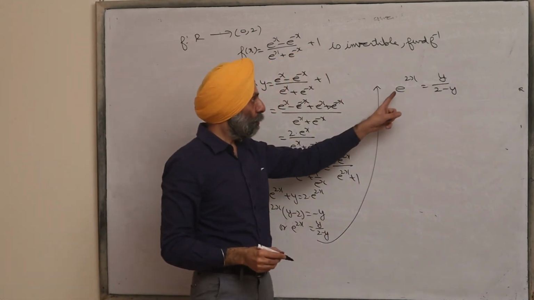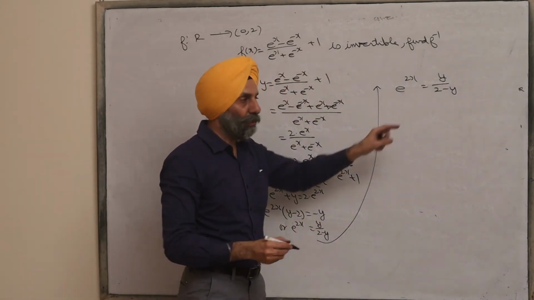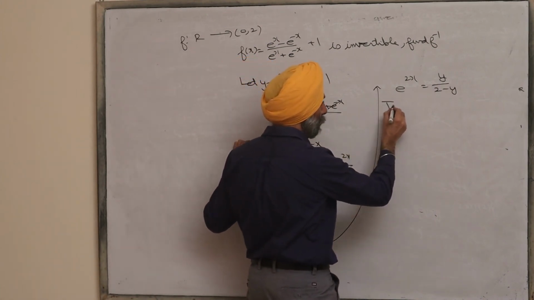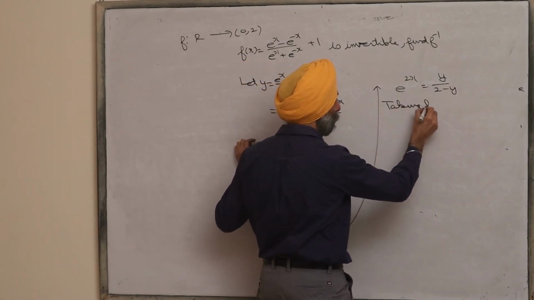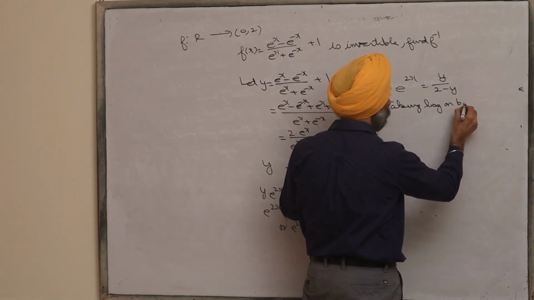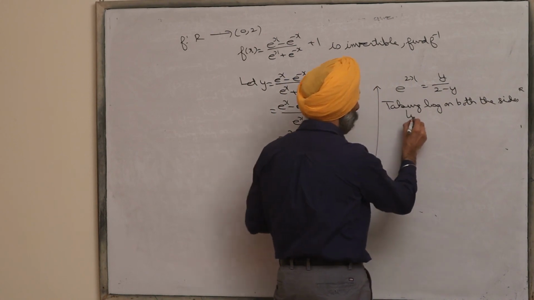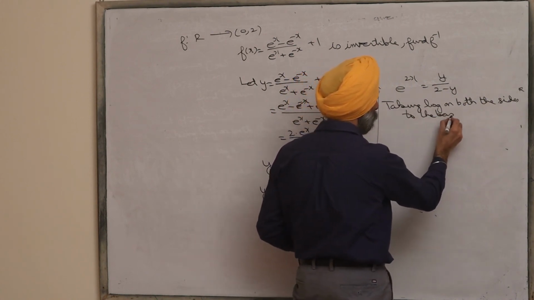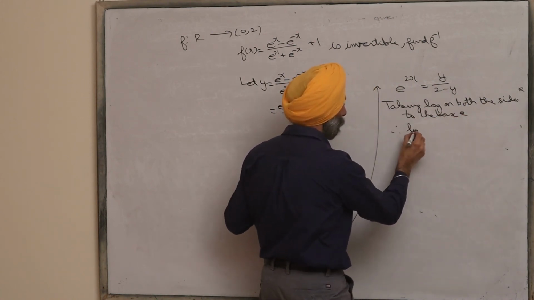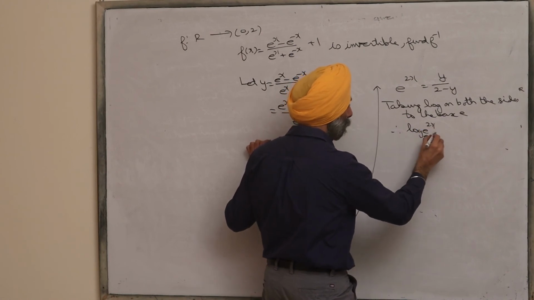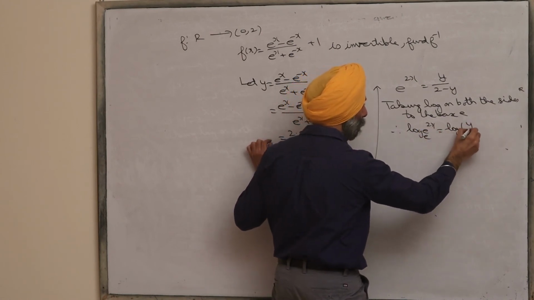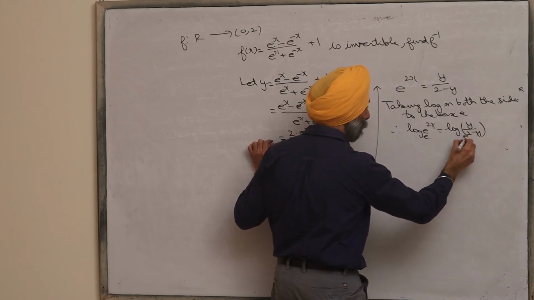Again, taking log on both the sides to the base e. So therefore log of e raised to power 2x to the base e is equal to log of y over 2 minus y to the base e.